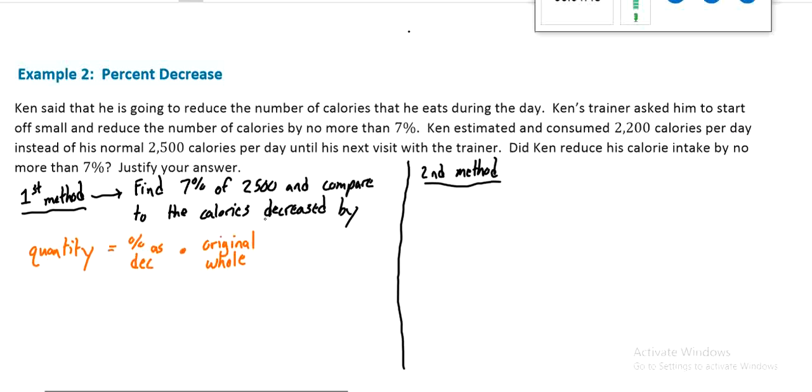I threw that word original in there hopefully to make our understanding a little better of what we start with. All right, so the quantity is our unknown amount right now.